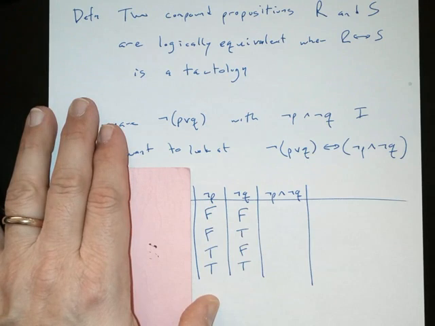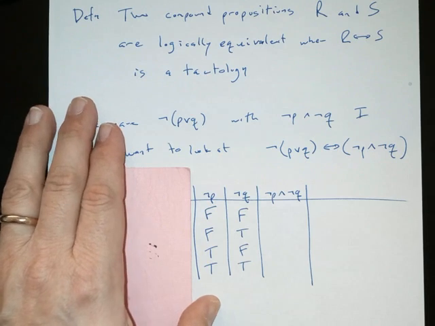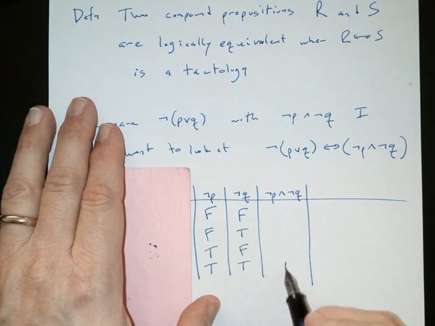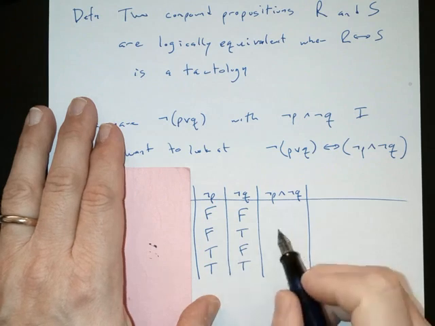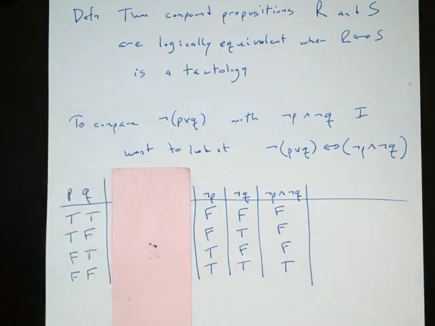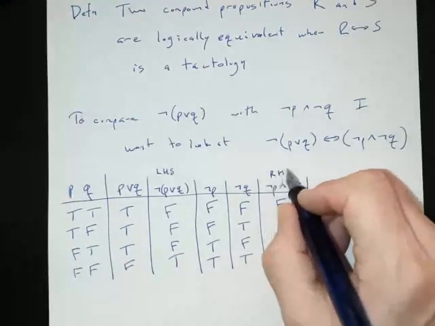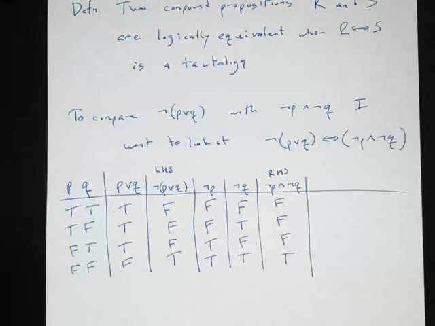True, false, false, false. AND is true when both of the component pieces are true. Both of the component pieces are only true here, so it's going to be false on all of the rest of them. These two columns are not in the standard order, so I have to go through them one at a time. This is our right-hand side. Yes?